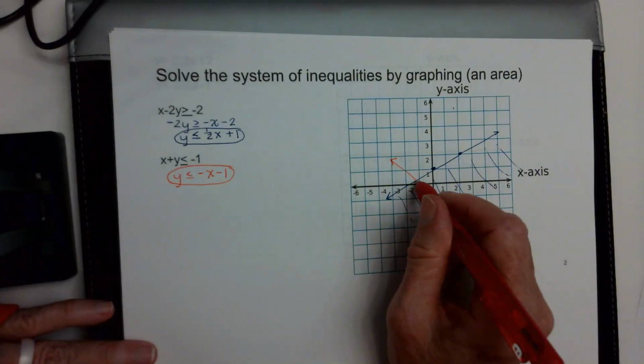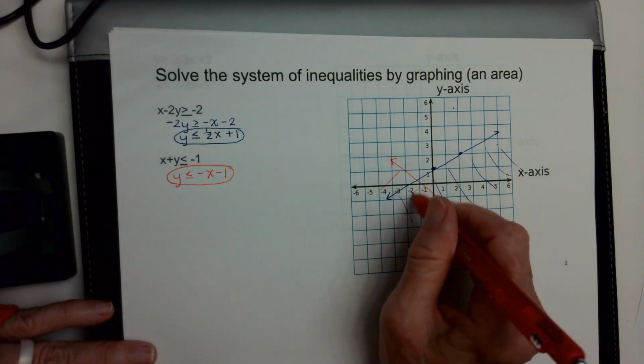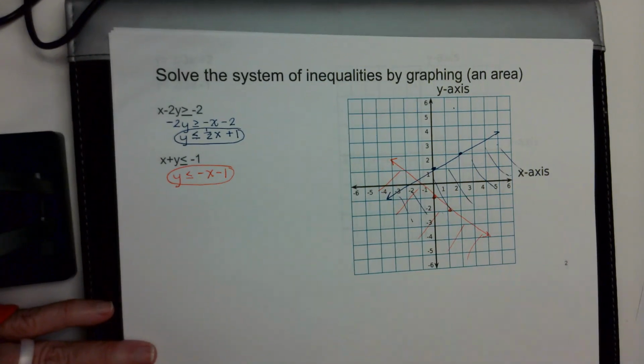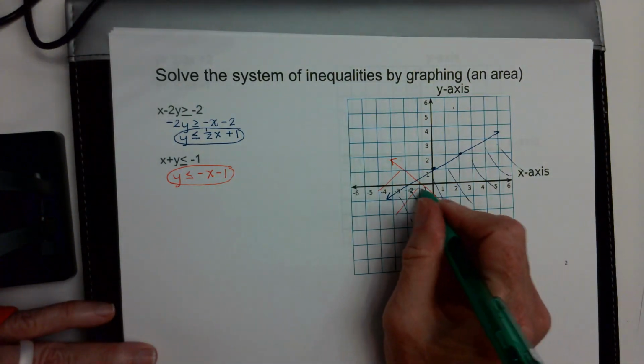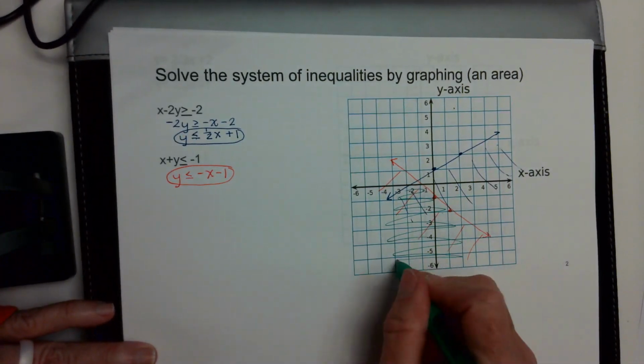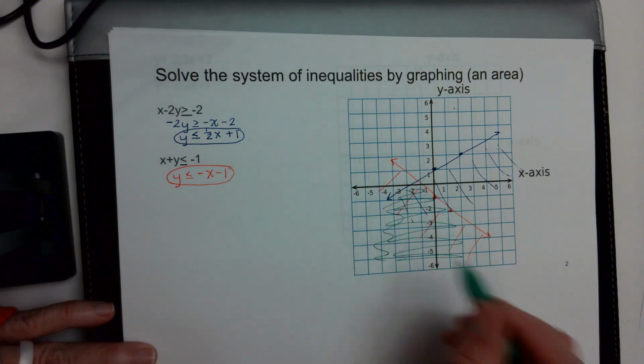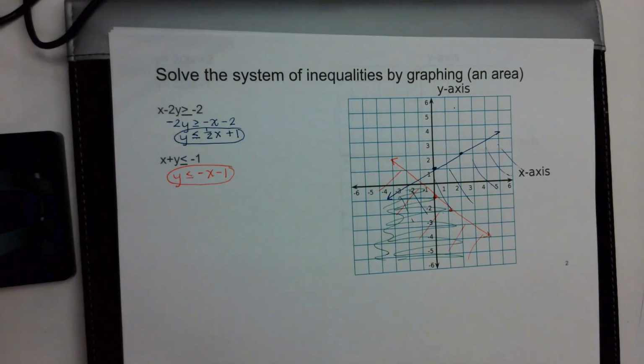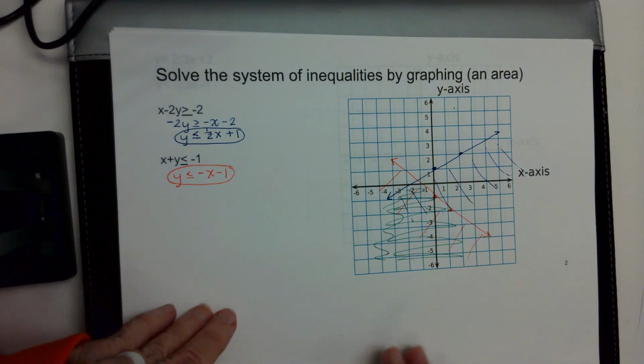So the area that they have in common is going to be that area right there. That's what you're looking for, the area that they have in common. So let's do another one of those.